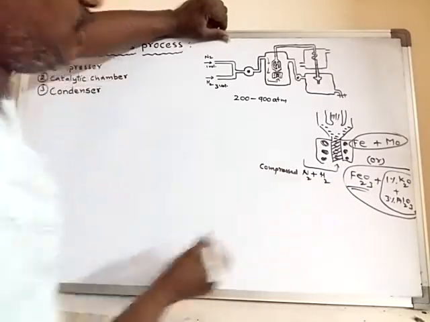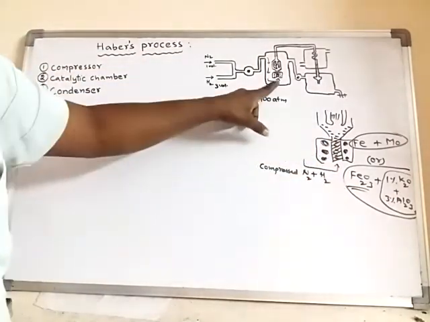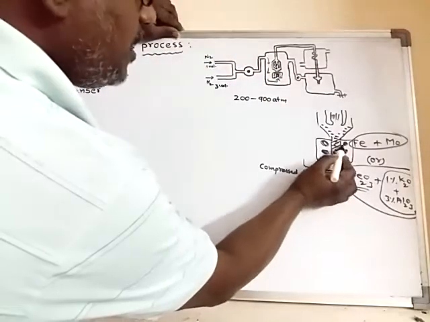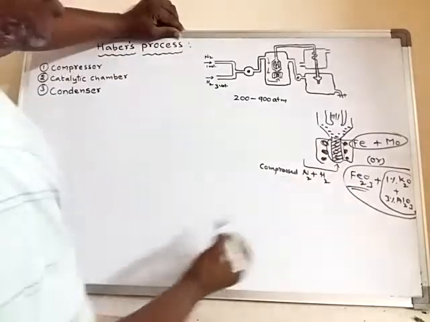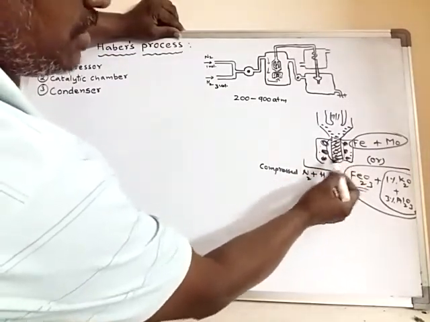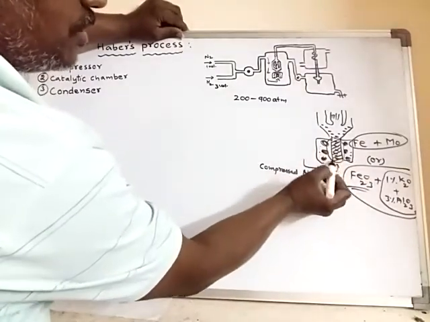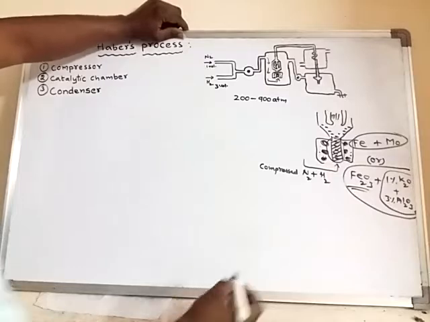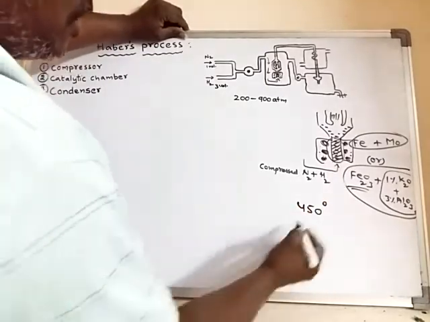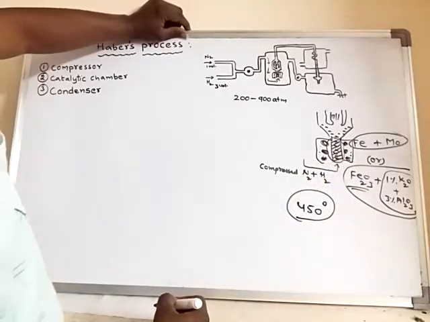Due to the heating caused by the heating coils, this catalytic pipe gets heated to around 450 to 500 degrees centigrade. So around 450 degrees centigrade the temperature is maintained in the catalytic pipe.